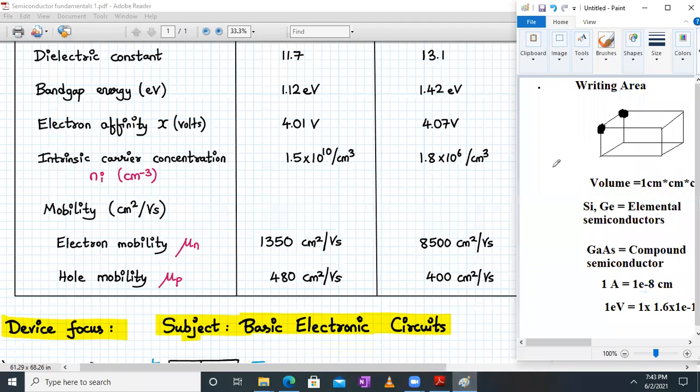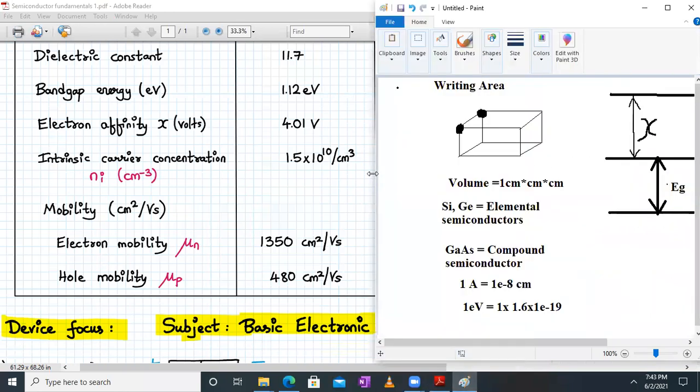In a silicon crystal, we have a lot of other particles inside: electrons, holes, ionized carriers, immobile ions, photons, phonons.